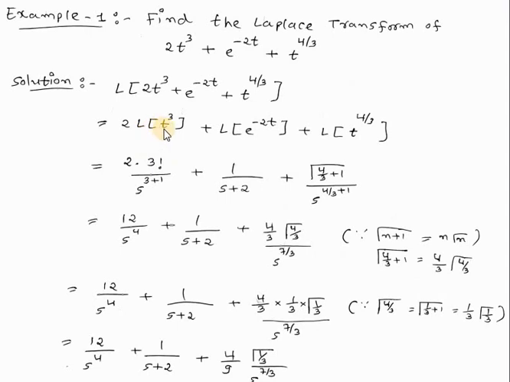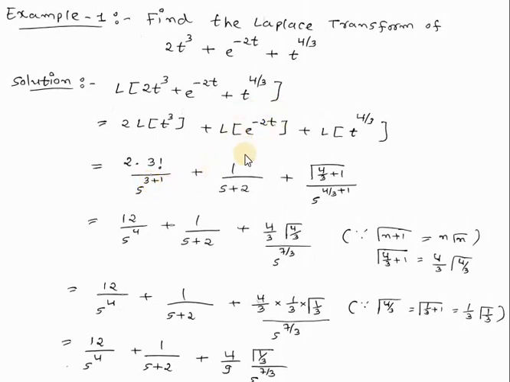Now we know that Laplace of t raised to n is n factorial divided by s raised to n plus 1 when n is a positive integer. So here n is 3, which is a positive integer. Therefore Laplace of t cube will be 3 factorial divided by s raised to 3 plus 1.